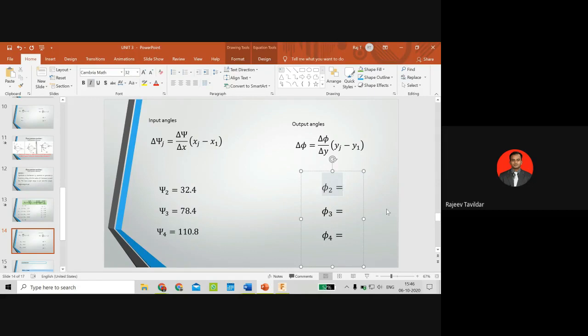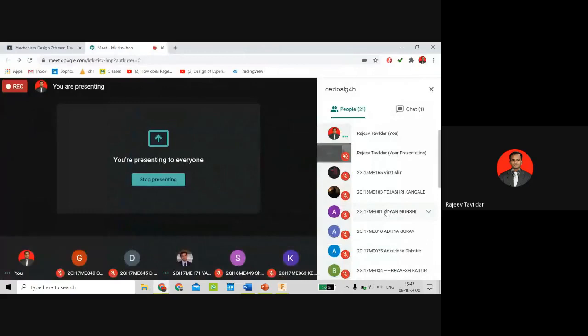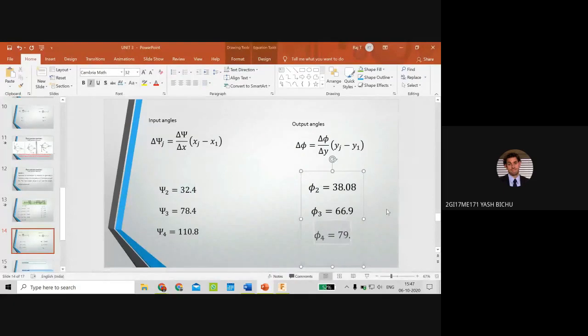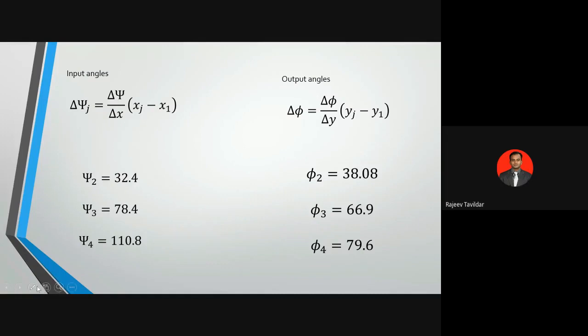Yes, the output angles. 38.08. 66.9. 79.6. So these are the values that we are getting. Others, please verify it.